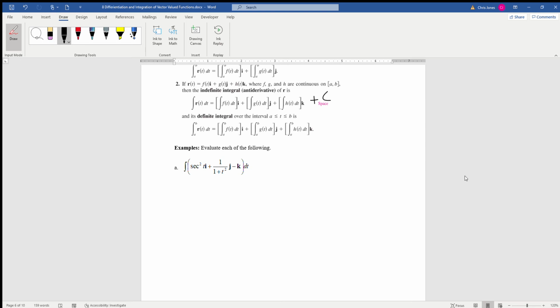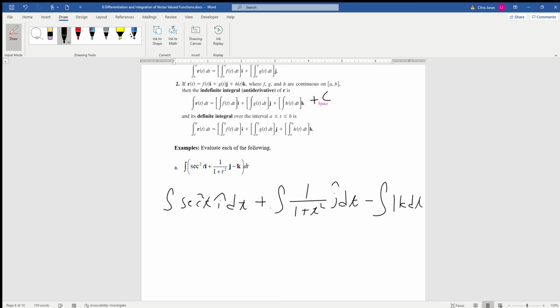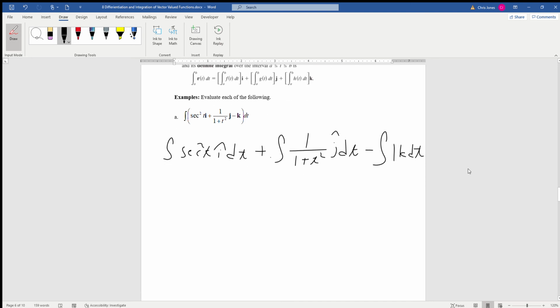That's really the same thing as the integral of sec squared t i dt, plus the integral of 1 over 1 plus t squared j dt, and then we'll just pull the minus out front, minus the integral of 1k dt. And all of these are really elementary antiderivatives. So you might remember, the antiderivative of secant squared is going to be tangent of t.